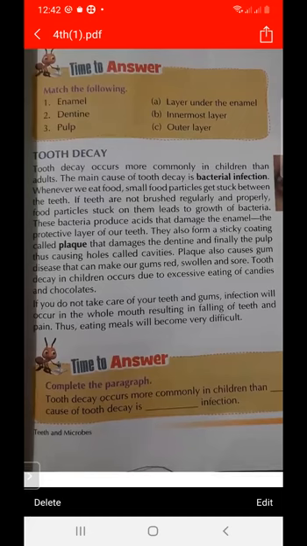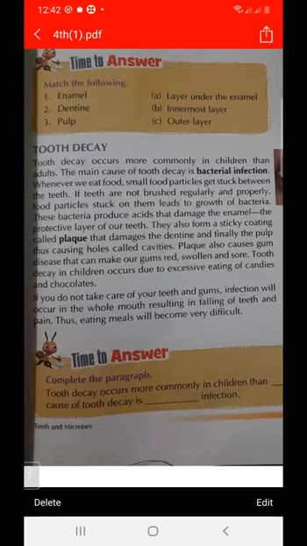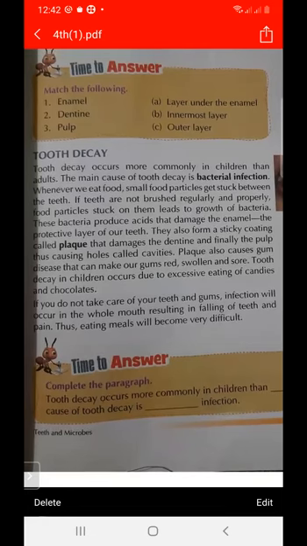If you do not take care of teeth and gums, infection will occur in the whole mouth, resulting in the falling of teeth and pain. Because of the bacterial infection, the outer covering is destroyed, and also the dentine and the pulp.